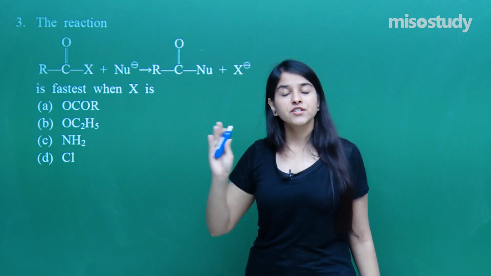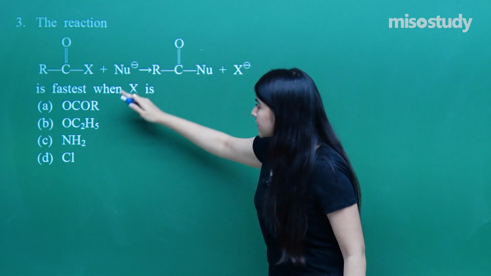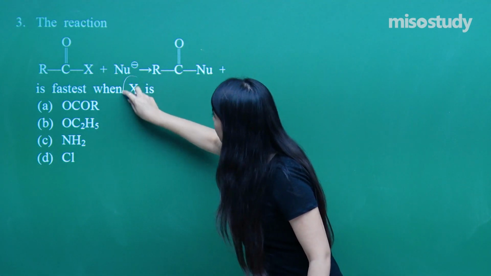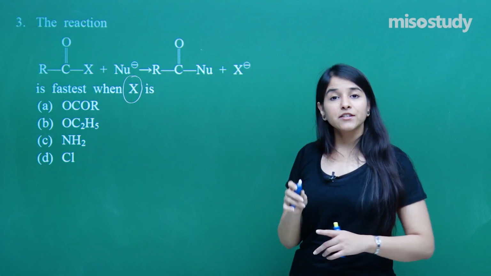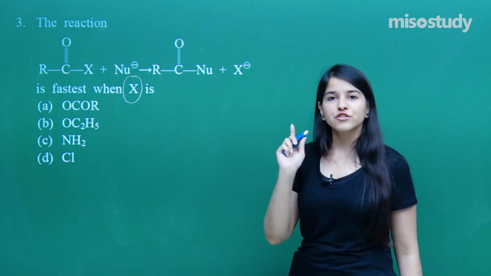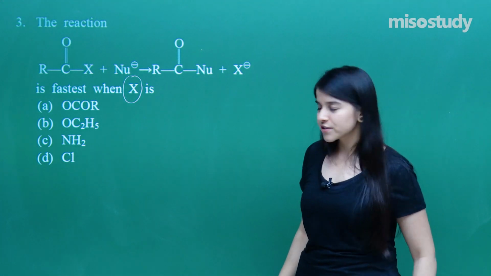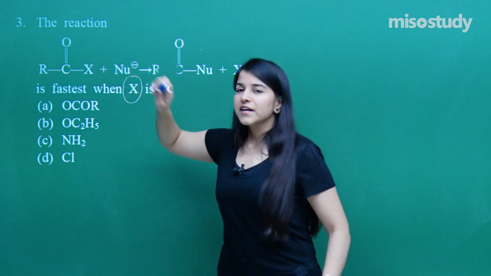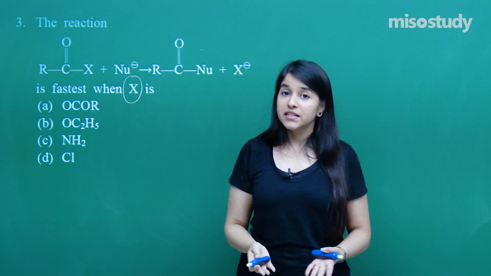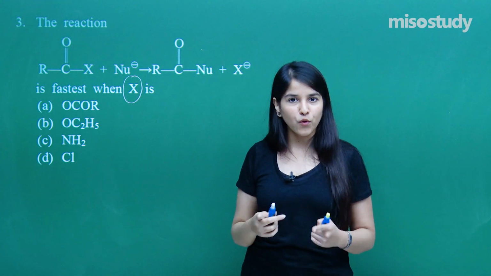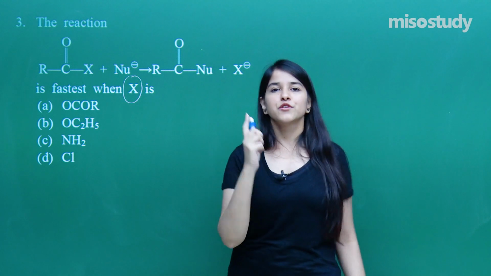The fastest reaction will be in which of the cases? I am considering the values for X. What is the X group over here to make this reaction the fastest one? So that is the question. If the X leaves very, very easily and very quickly, then the reaction will be the fastest.